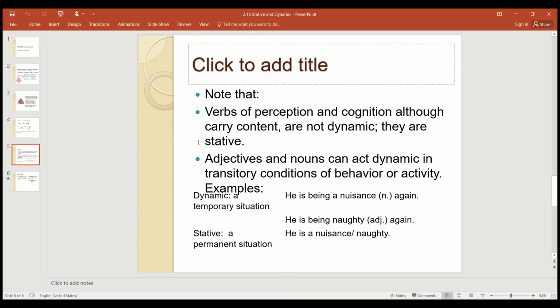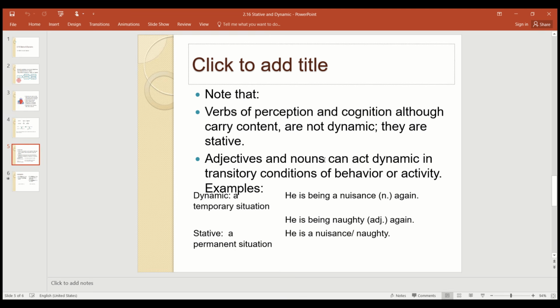On the other hand, there are some verbs, like verbs of perception and verbs of cognition, that have no dynamic sense. So far we know that verbs and adverbs are naturally dynamic. But verbs of perception and verbs of cognition cannot be dynamic because they provide a static, non-dynamic situation.